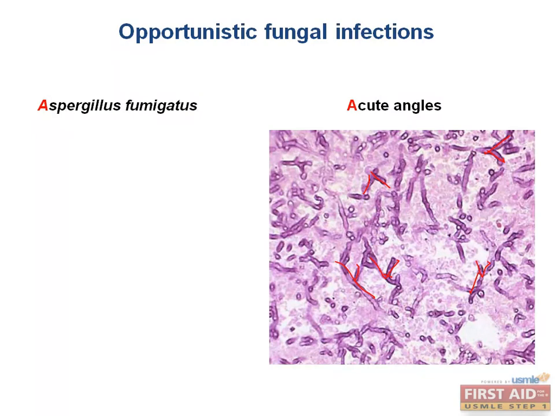They're going to have septate hyphae. So you're going to see these little lines dividing the little organisms, these lines here. These are the septa. Now this is again going to be very important when we contrast Aspergillus to other invasive fungal organisms. So what are the key diseases caused by Aspergillus?